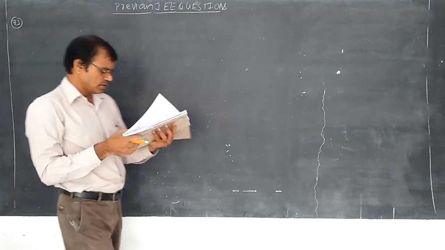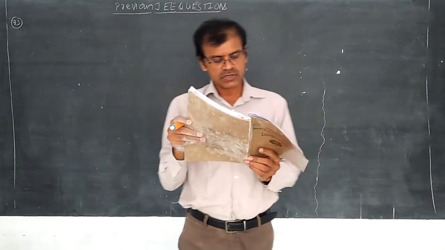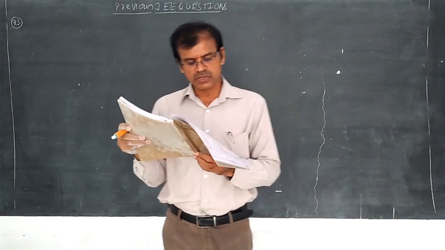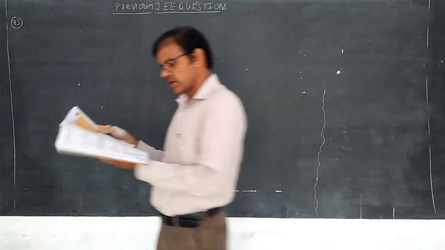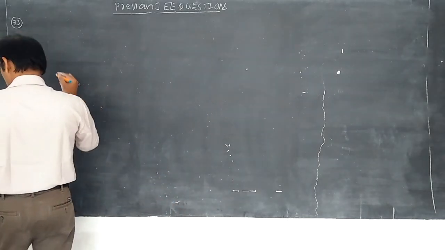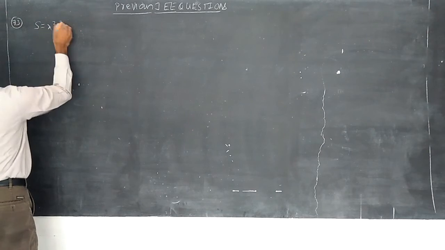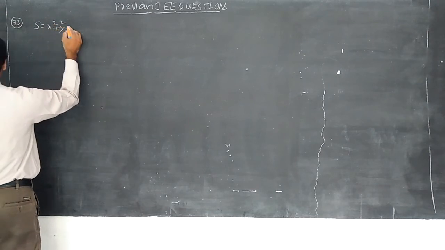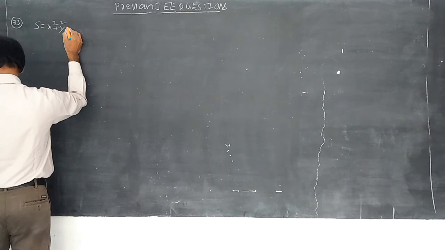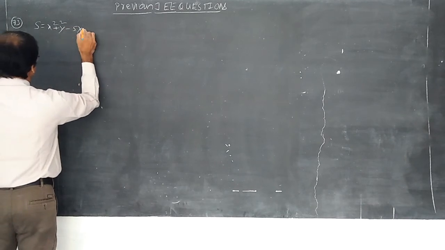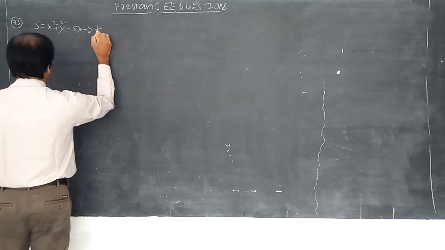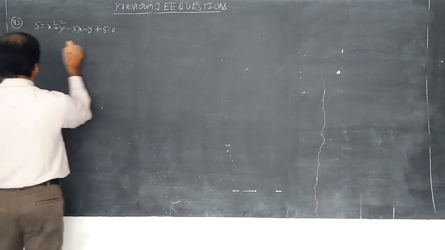If a point P has the coordinates (0, -2) and Q is any point on the circle, then find the maximum value of PQ square. Let us write the equation of the circle: x square plus y square minus 5x minus y plus 5 equal to 0.